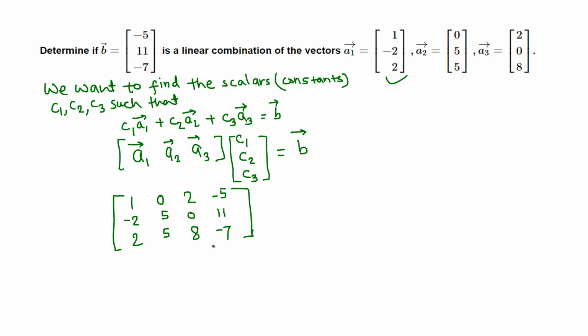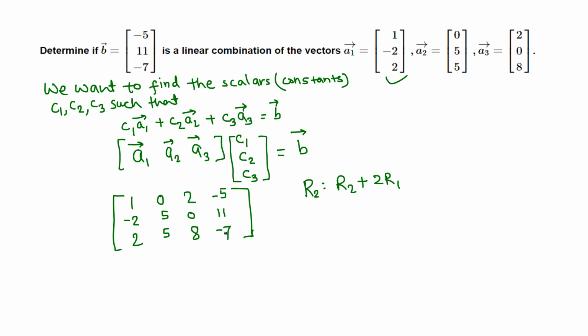So let's put this in row echelon form. This is 1, so we're going to make this 0. That means we need to work on R2. So R2 plus 2R1. If I multiply by 2, 2 minus 2 is 0.